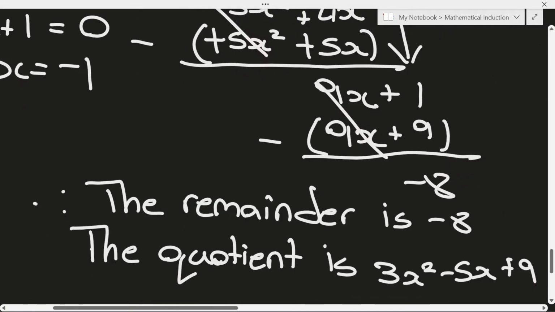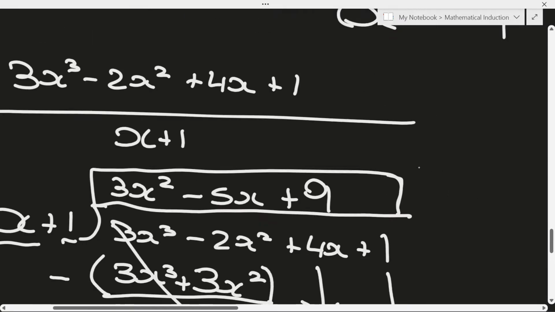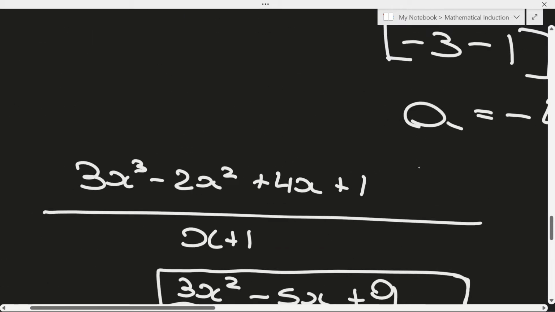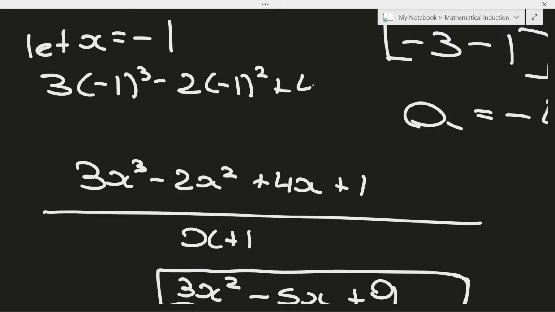So we worked it out with long division, right? And we found out that the remainder is -8. So let's try with the remainder theorem now. So let x be equal to -1. We'll have 3 times -1 cubed minus 2 times -1 squared plus 4 times -1 plus 1.